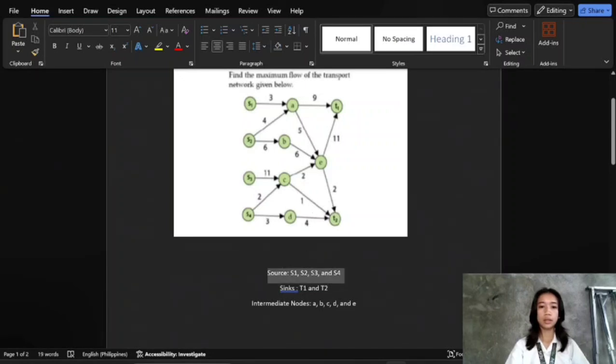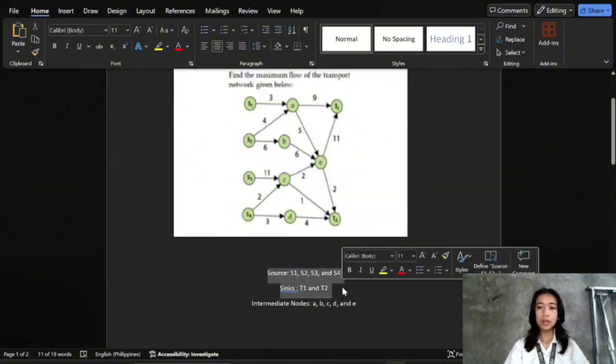So these two reduce the multi-source, multi-sink problem to a single-source, single-sink network flow problem.